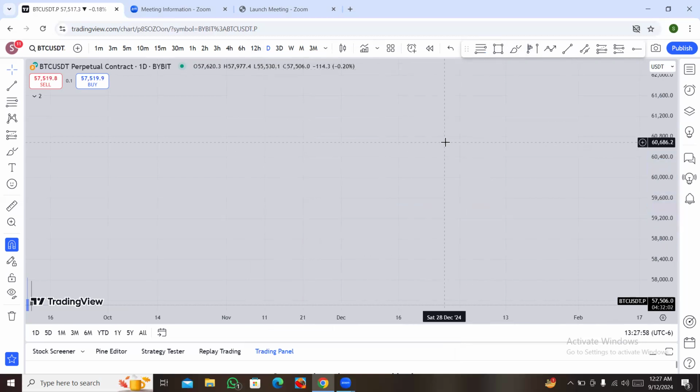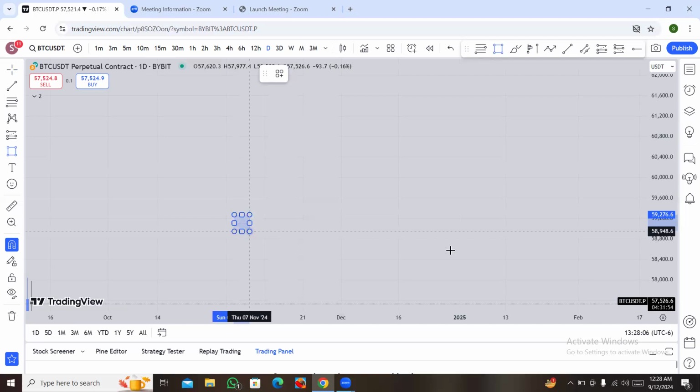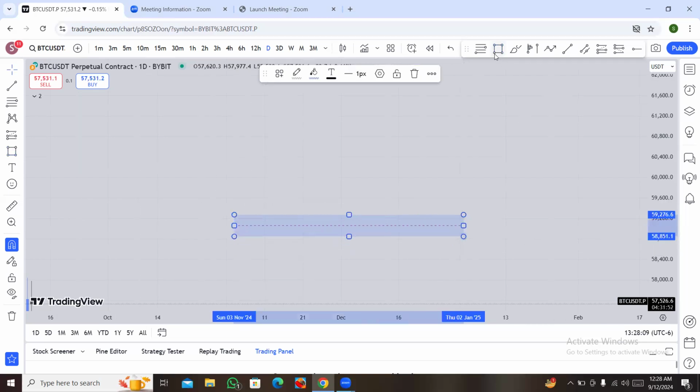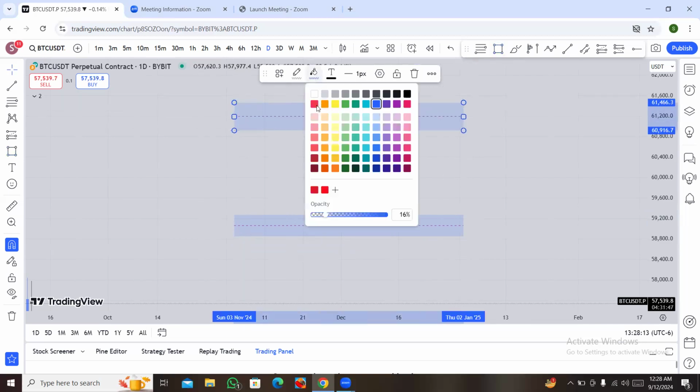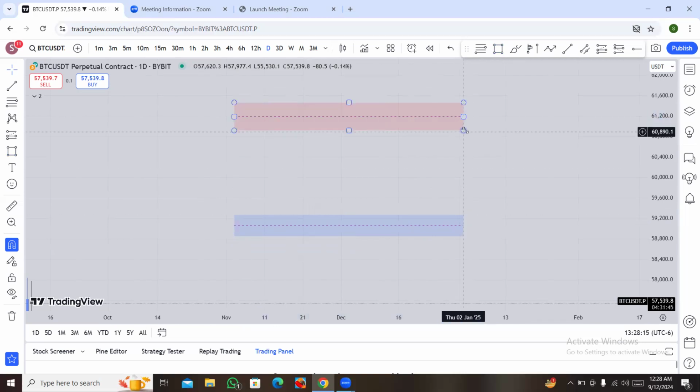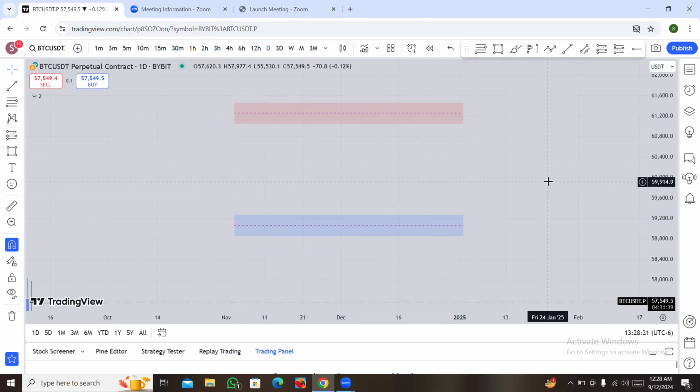Now, simple range. How does a simple range form? The basic theory behind trading is two things: support and resistance. Everyone knows what is support and what is resistance.